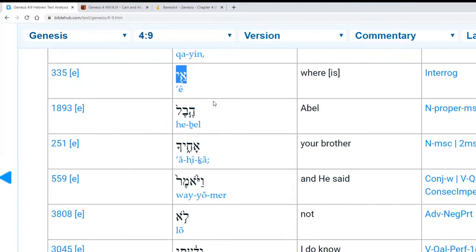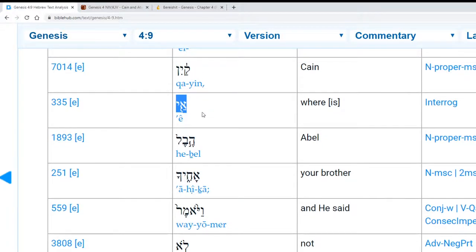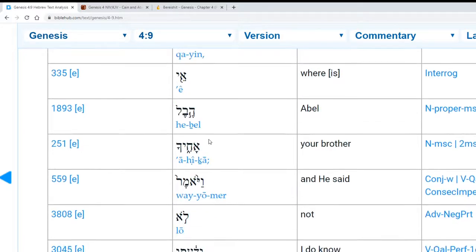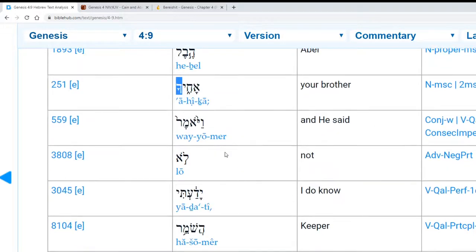It's an interrogatory. Ayei Hevel, so where is Hevel? Achicha, and God reminds him he's your brother. Ach, meaning brother, and Chaf at the end, yours.